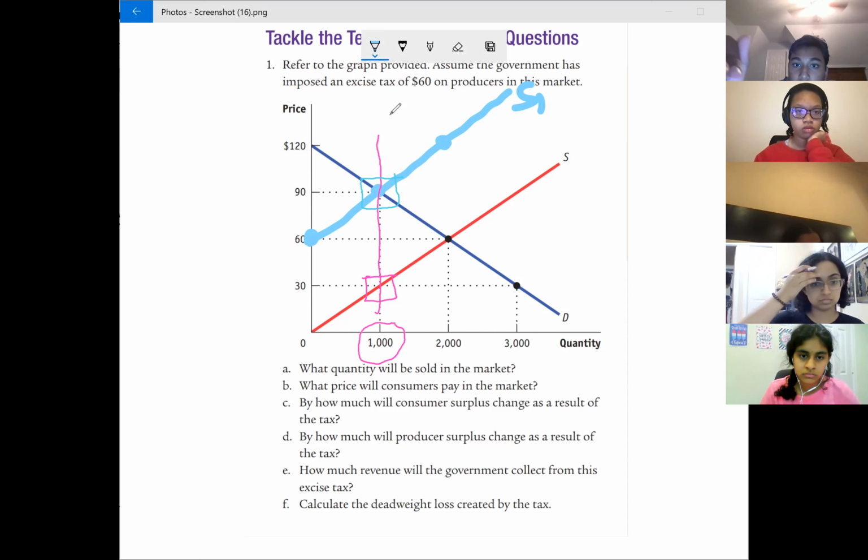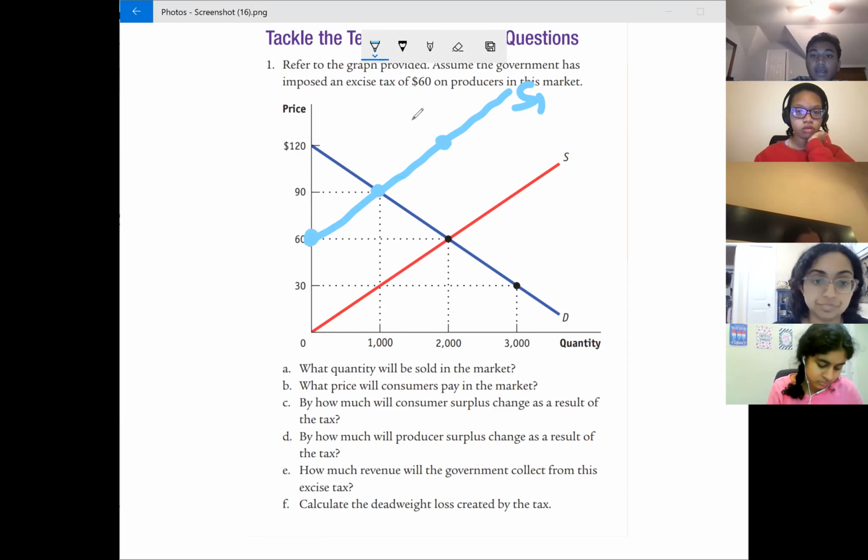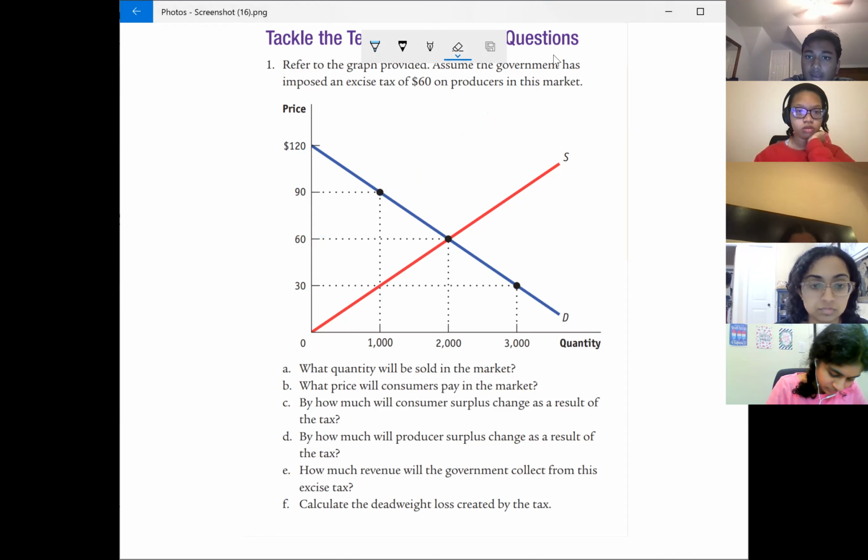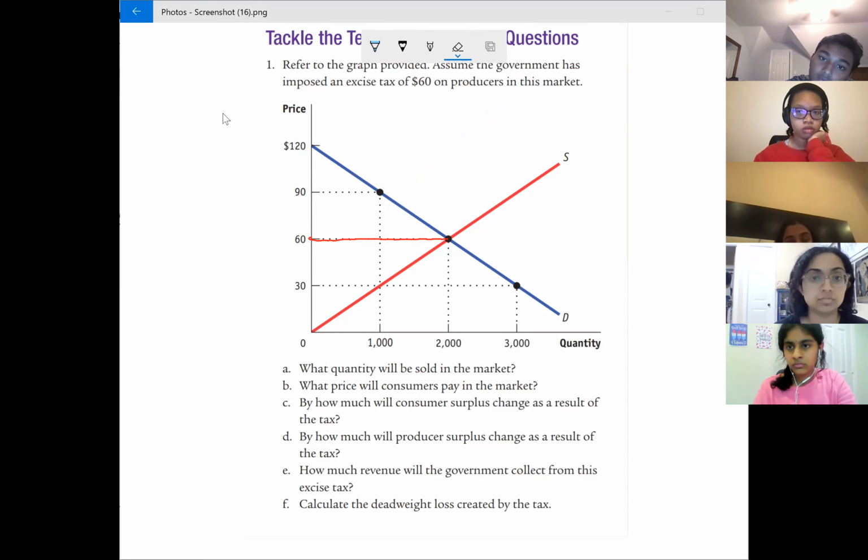And then it says, how much will consumer surplus change as a result? So this one, you could graph it and figure out the two different areas of the triangles. So let's look at it before the excise tax. So before, it's gonna be this amount, right? And what would that be?